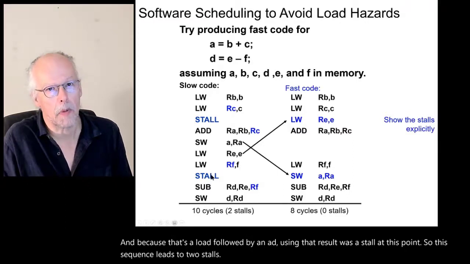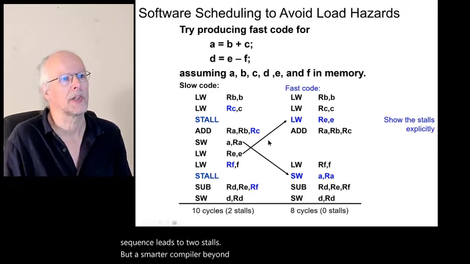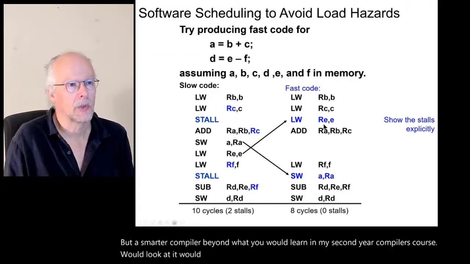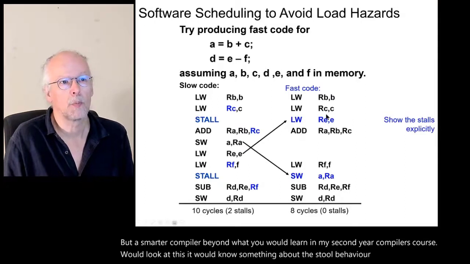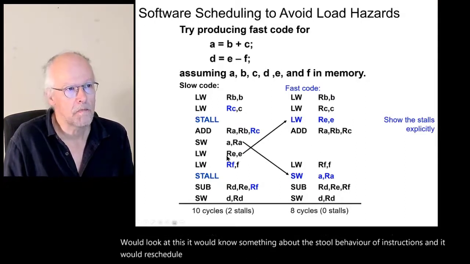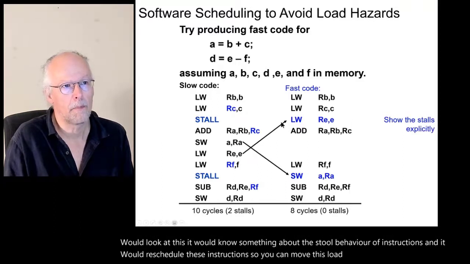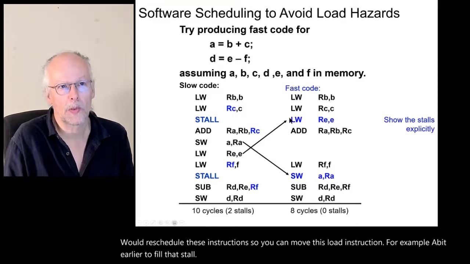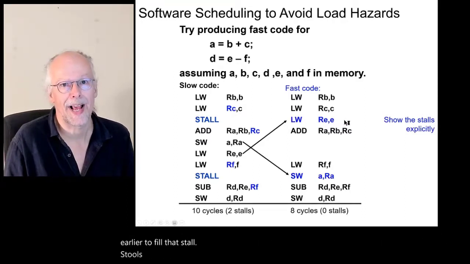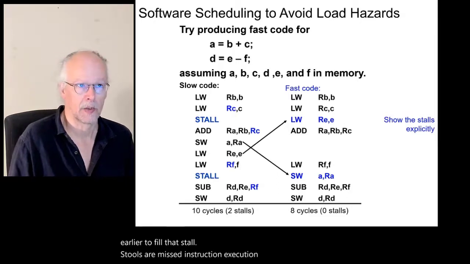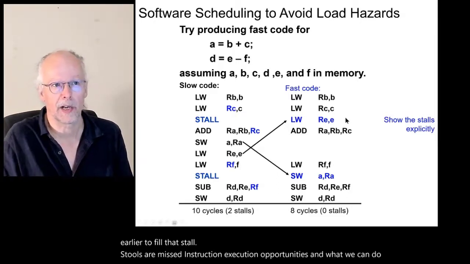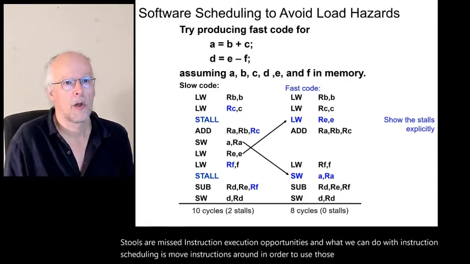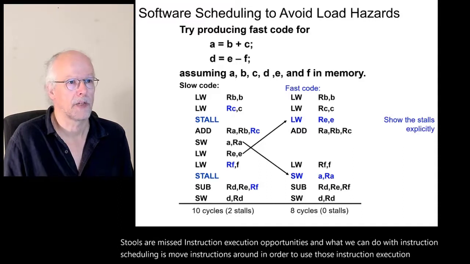But a smarter compiler, beyond what you would learn in my second year compilers course, would look at this, it would know something about the stall behavior of the instructions, and it would reschedule these instructions. So you can move this load instruction, for example, a bit earlier to fill that stall. Stalls are missed instruction execution opportunities, and what we can do with instruction scheduling is move instructions around in order to use those instruction execution opportunities profitably.